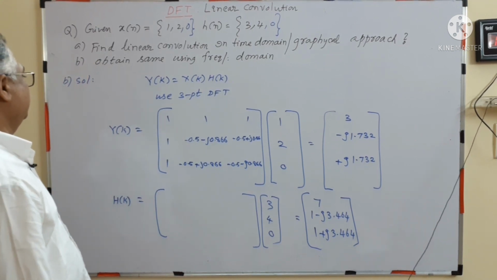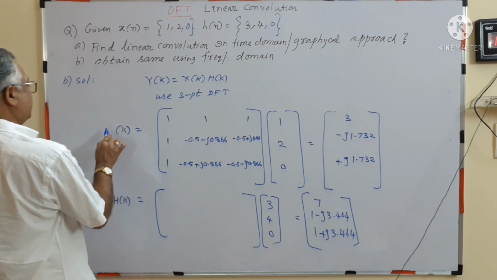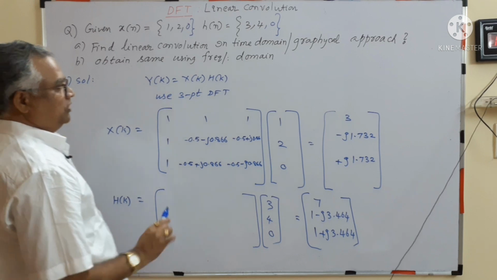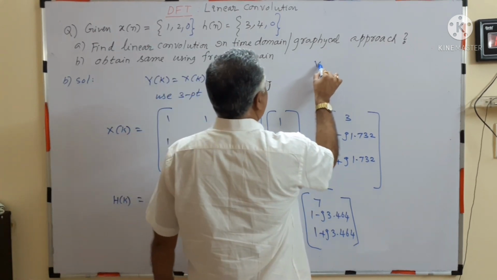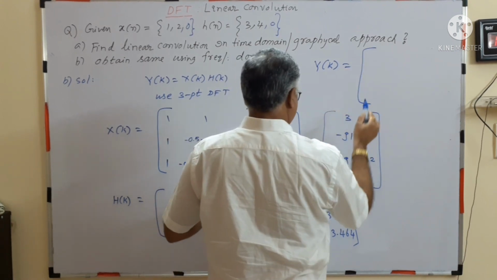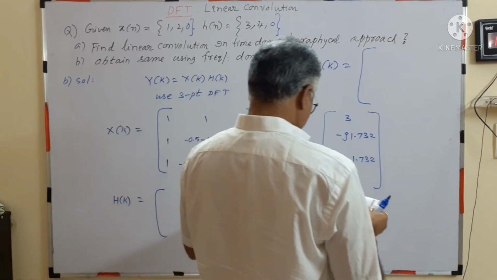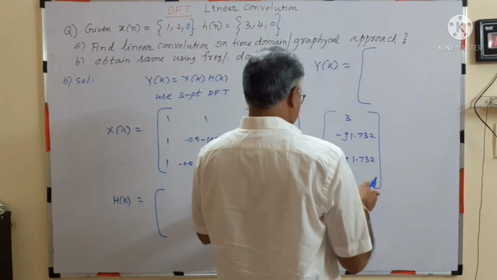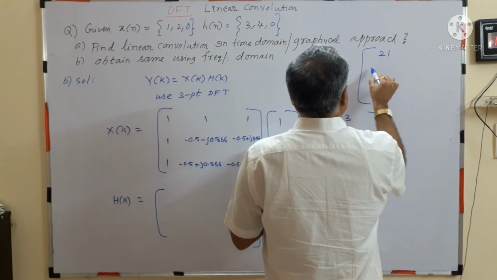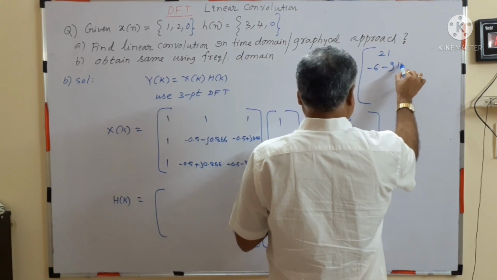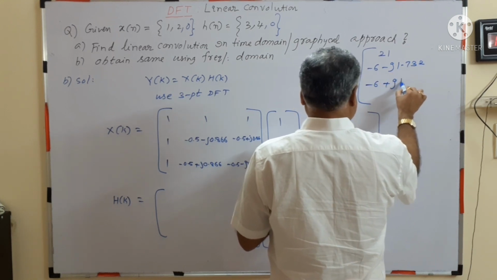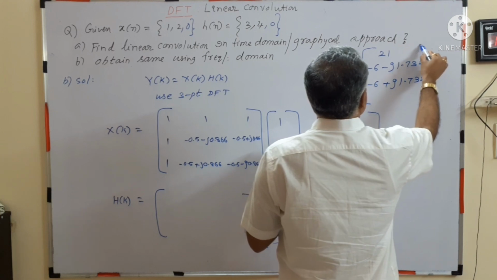Then multiply. This is, sorry, x of k, h of k. Then 1 to 1 multiply, you will get y of k. So y of k answer I will give: 21, minus 6 minus j 1.732, minus 6 plus j 1.732.